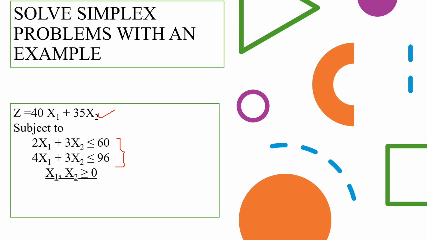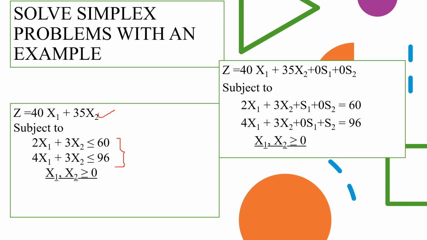And you all know that when you are doing simplex problems, the first thing you need to remember is that it should be balanced first. How can you balance it? You balance it in this way. When the right hand side is higher than the left hand side, you have to add a slack variable.